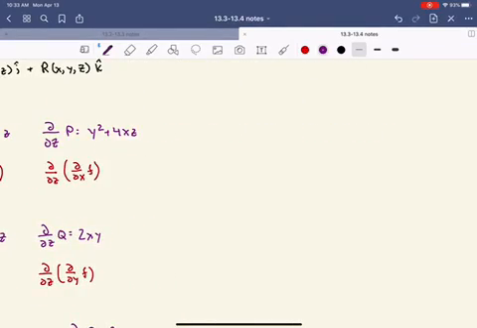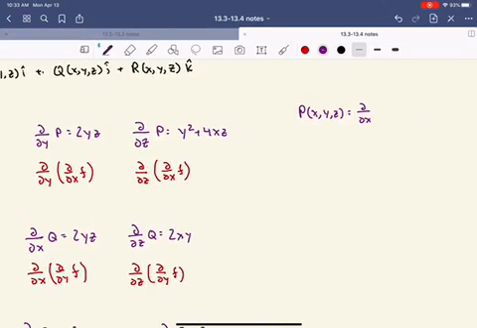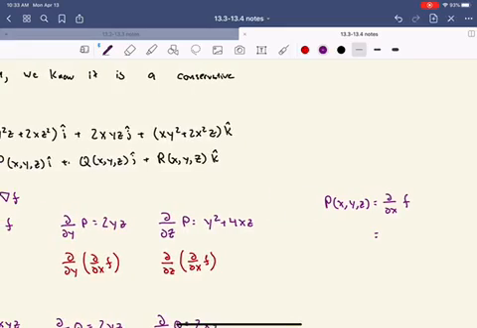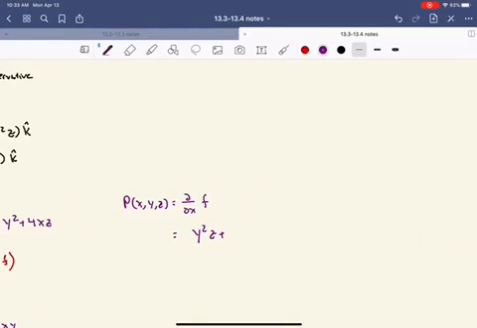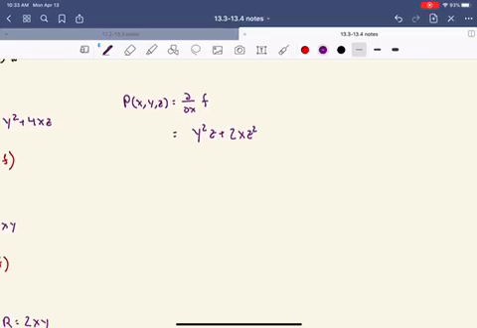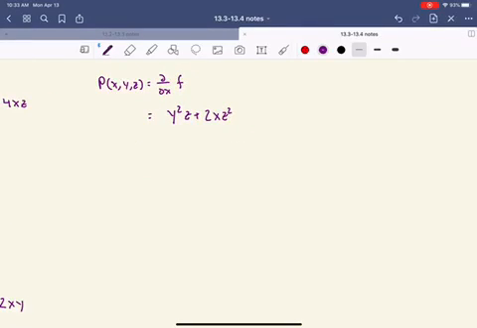So our p of x, y, z, which is the partial with respect to x of our scalar function, is y squared z plus 2xz squared. Okay, so we're going to integrate that, or take the antiderivative with respect to x.